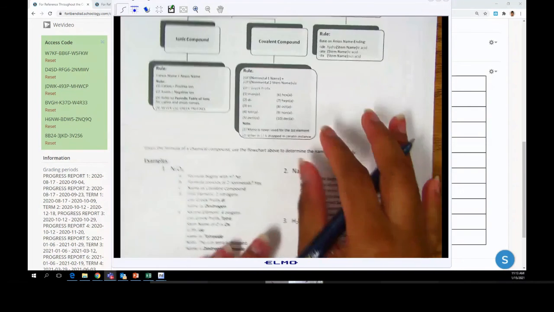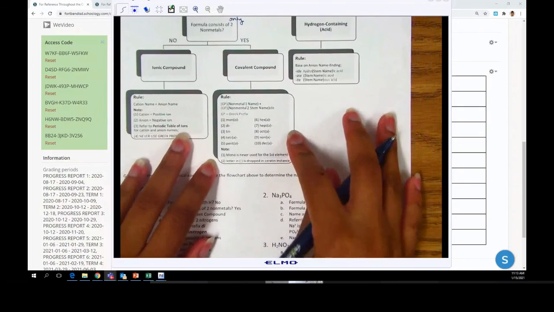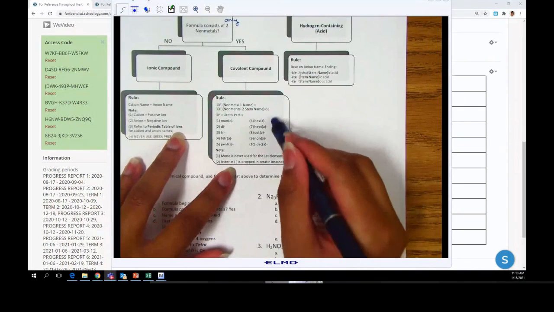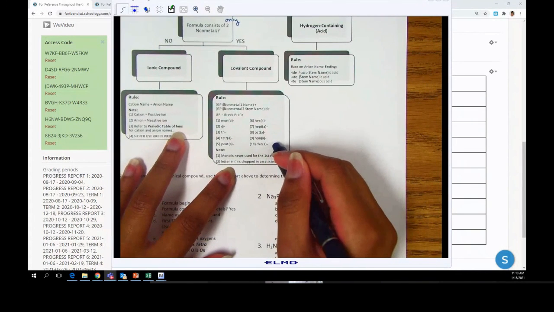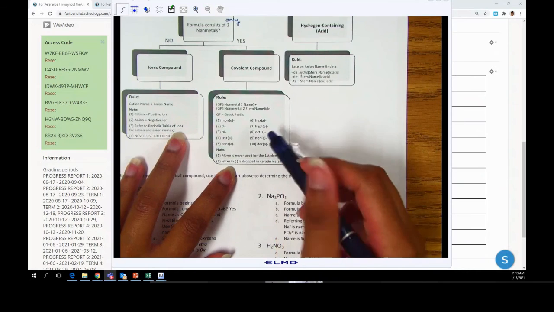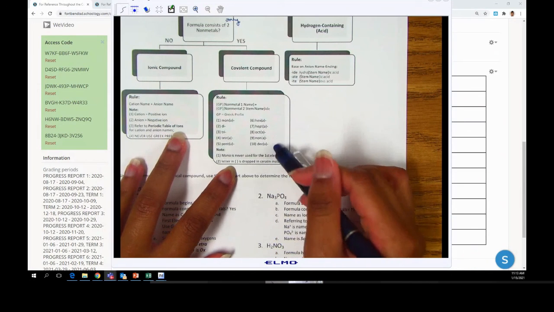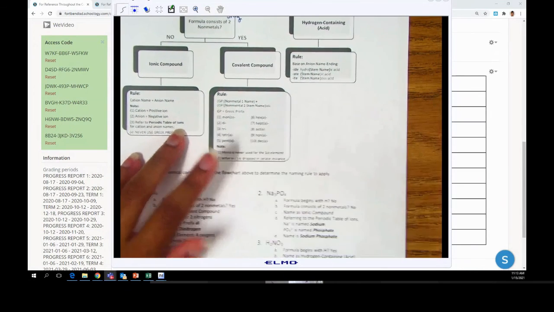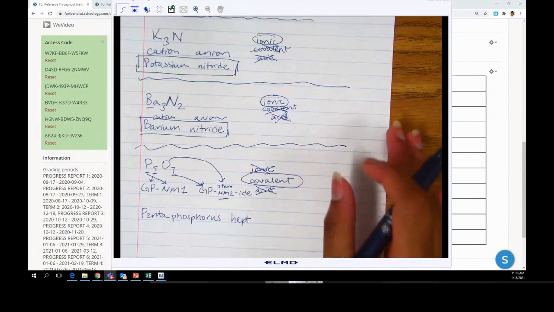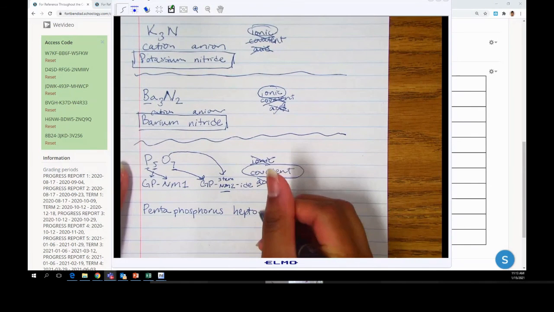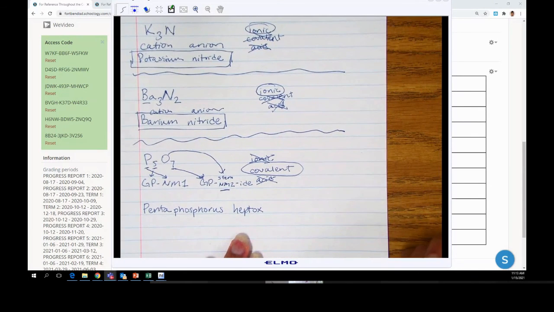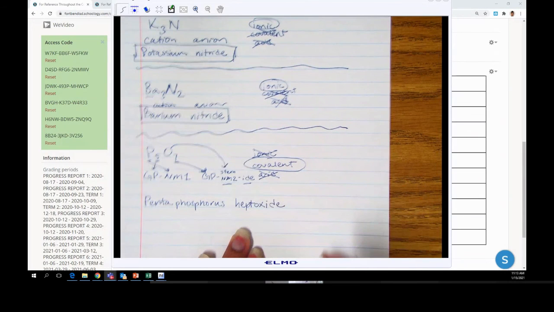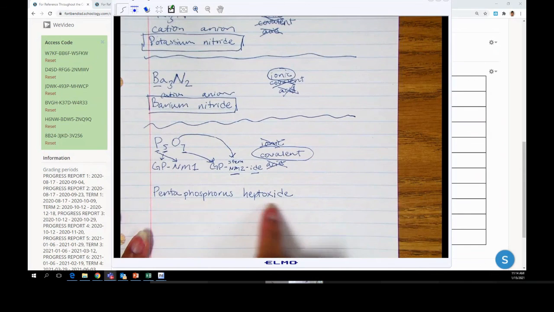If you take another look at your naming rules, you'll see that the second note here tells you that the letter in parentheses on our Greek prefix is going to be dropped in certain instances. And those instances occur when the stem name of the second nonmetal starts with a vowel. So for example, oxygen, right? Ox. So we don't want to put heptaox. We're just going to put heptox. And then we'll have our ending "ide." So the full name here is pentaphosphorus heptoxide.